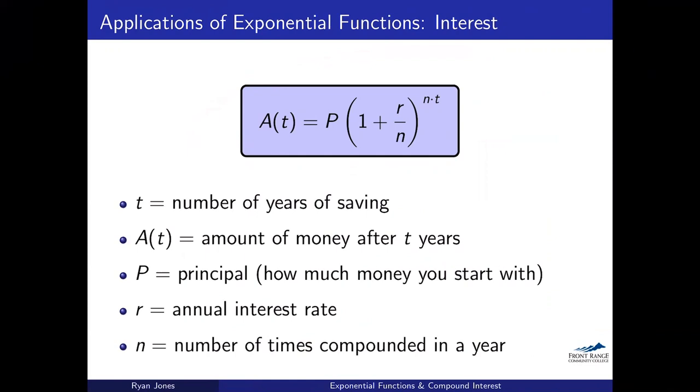If you were to take out a loan, or if you were to invest money maybe in a bank account or in the stock market or something like that. And in certain cases, this loan that you're taking out, or your investment in the stock market, might be compound interest that is the scenario that you're dealing with.